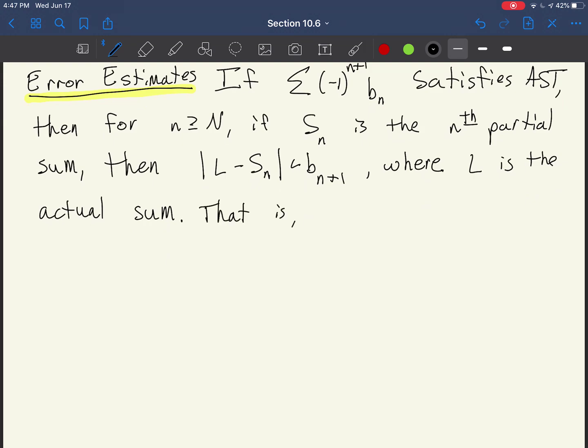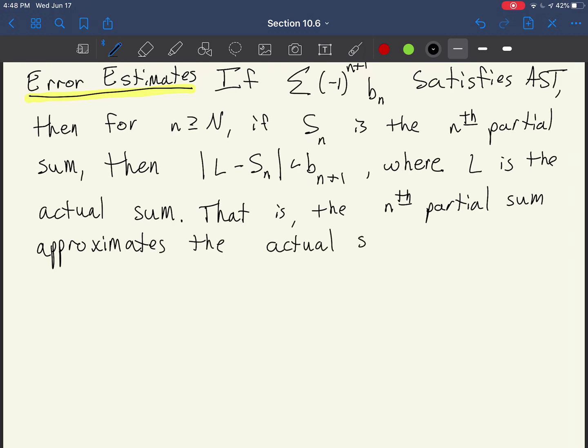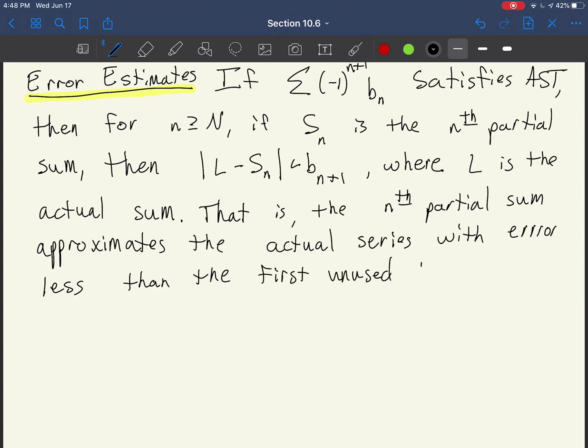So what is this saying? That is, the nth partial sum approximates the actual sum, the actual series, with error less than the first unused term.